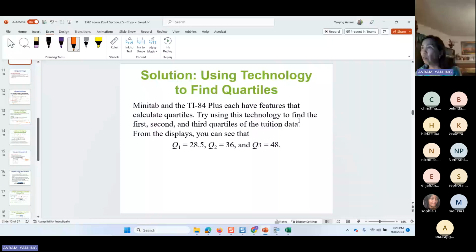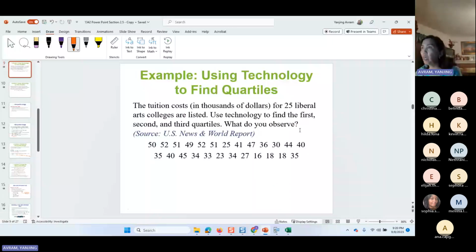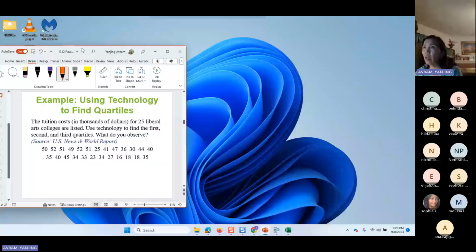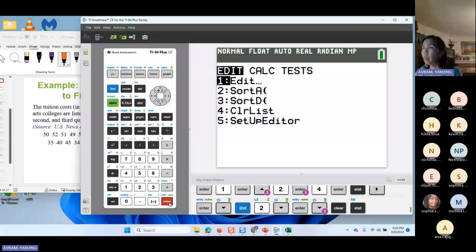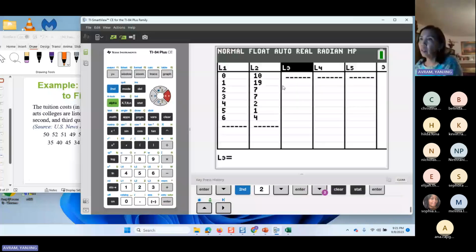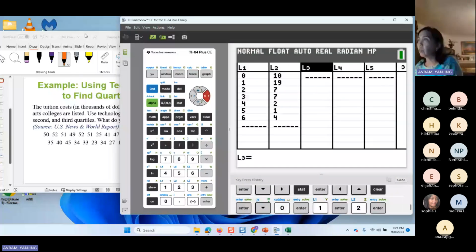So I have this 25 liberal arts college list, with the first, second, and third quartile, and we're going to use this one to do the box and whisker plot. So I go to stat, edit. I'm going to clear everything. If I really want to keep those data, I can just input this into L3.